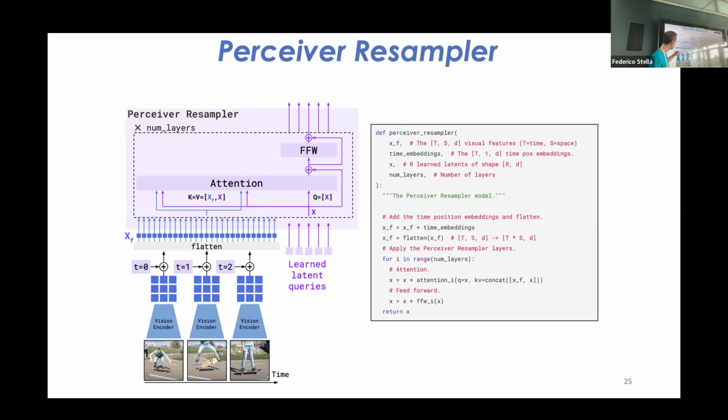We flatten all of the features because we're not particularly interested in the geometry of the features here. After we flatten them, we put them through an attention mechanism in which they act as the keys and values. But the queries are these learnable queries, and you can set the number of them. I'll talk about them in a second.